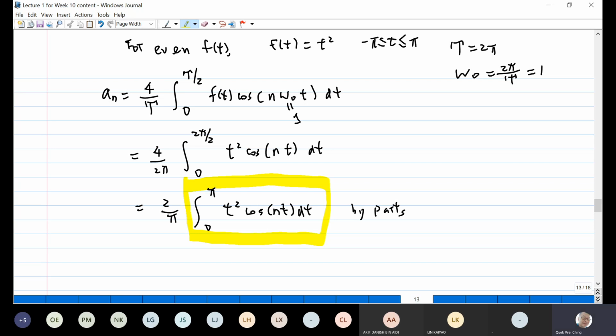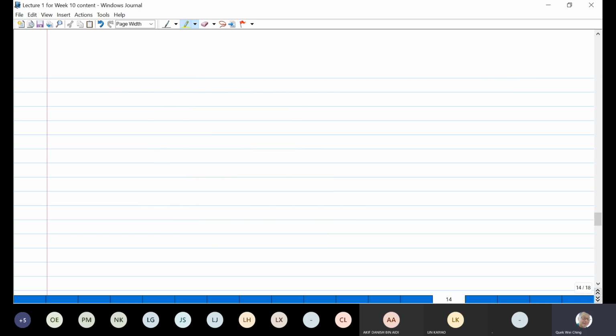Let's try to do by parts here. This is a messy calculation, so I just focus on t squared cosine nt.